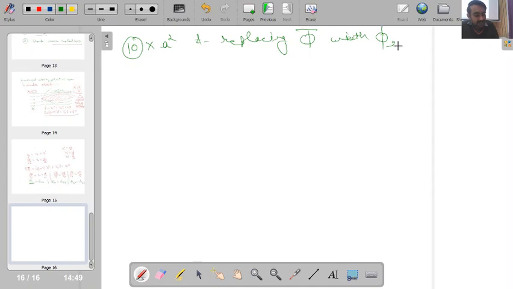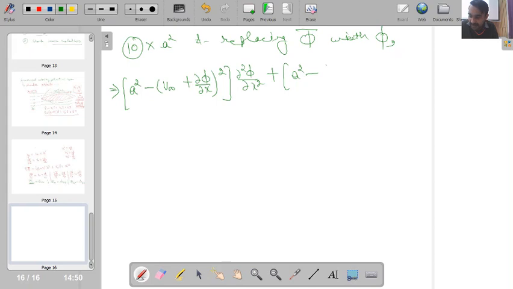If we do these replacements and then a little bit of rearrangement, ultimately we will be getting one equation which is a square minus V infinity plus del phi by del x whole square into del square phi by del x square, plus a square minus phi y square into phi yy.